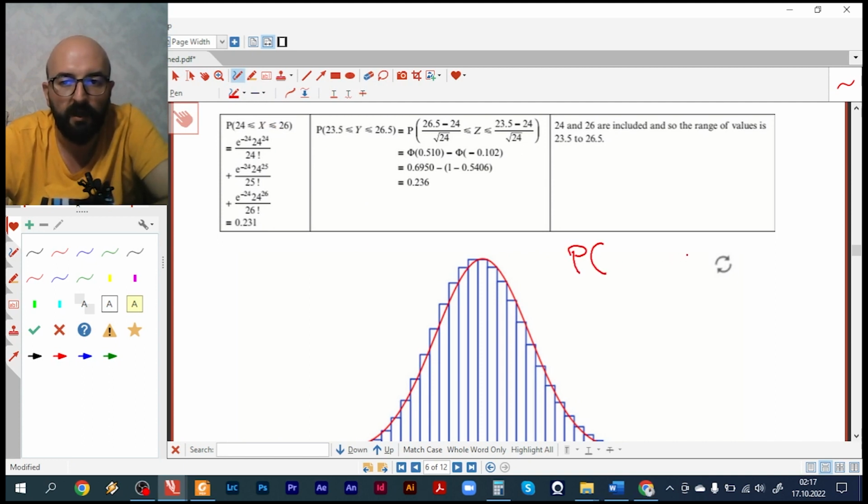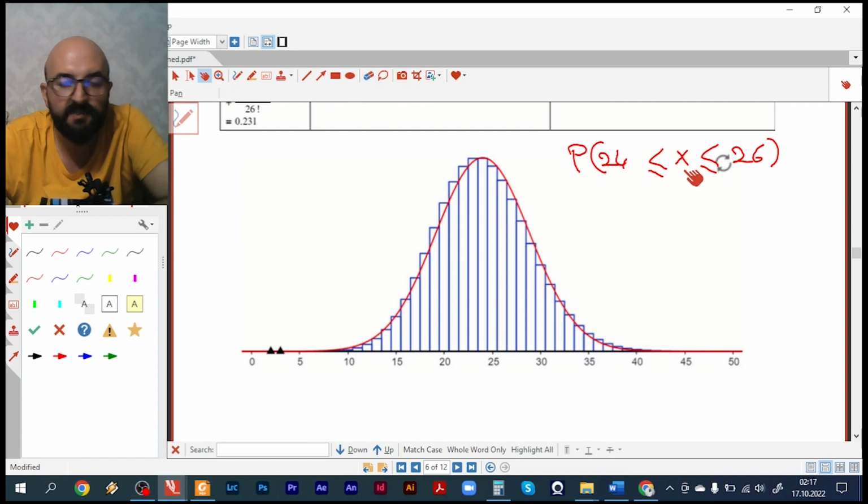Okay, now the other page, and we want to compute the probability of x greater than or equal to 24, less than or equal to 26. But please remember that this range is about the Poisson distribution.